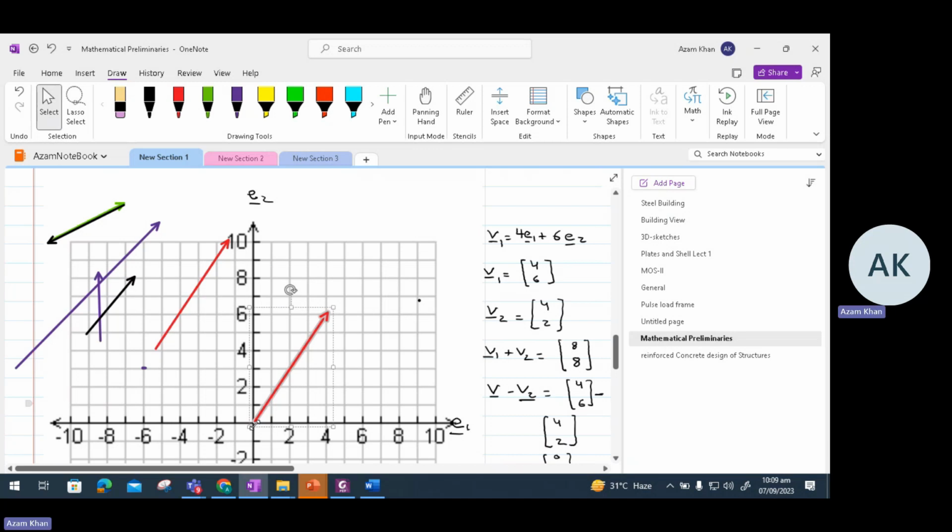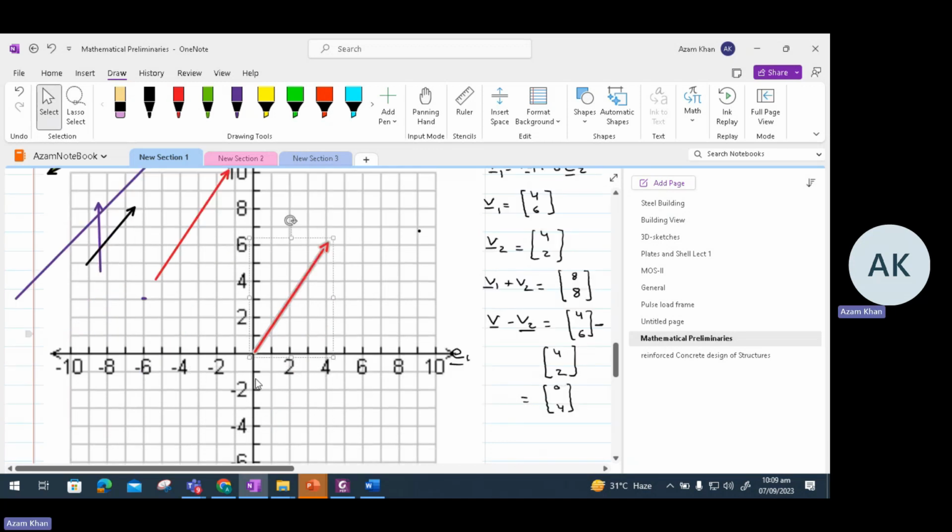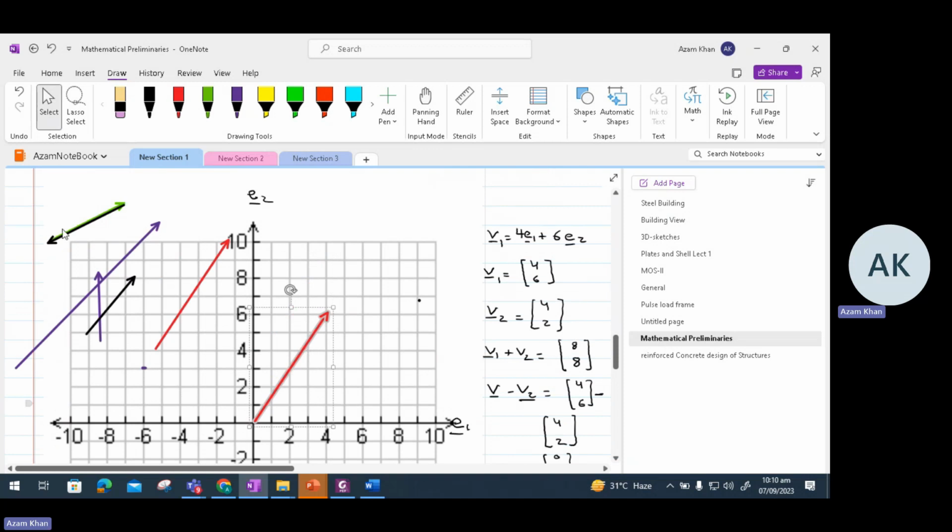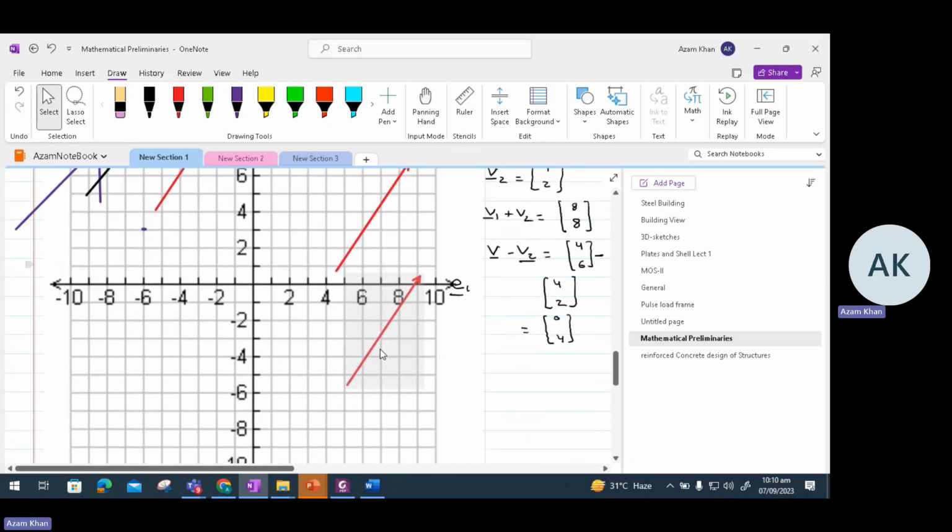The answer is that in this 2D space where we have many vectors, we don't know the exact location of these vectors. So this vector, for example V1, which has components 4, 6, can be located anywhere within the space, and we don't know its exact position.